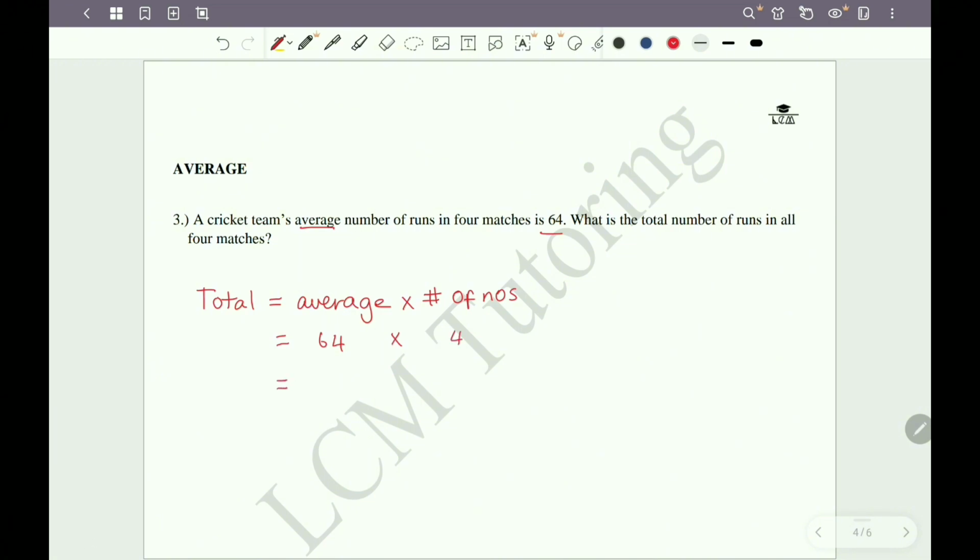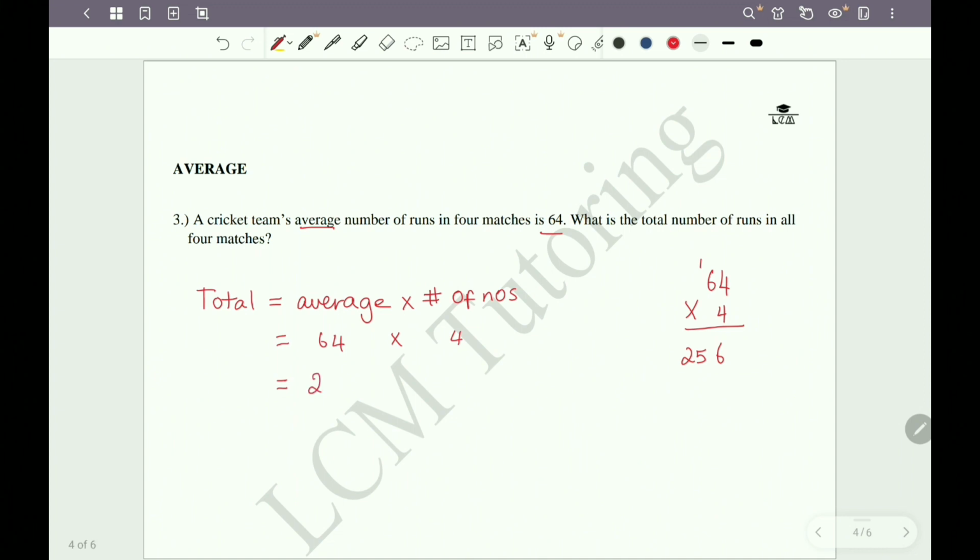So the cricket team would have 4 individual run scores, and if you add them up, you will get the same answer as if you were to do 64 multiplied by 4, which is what we are going to do now. So 4 times 4 is 16, carry the 1. Then we have 6 times 4, which is 24, plus 1, which is 25.